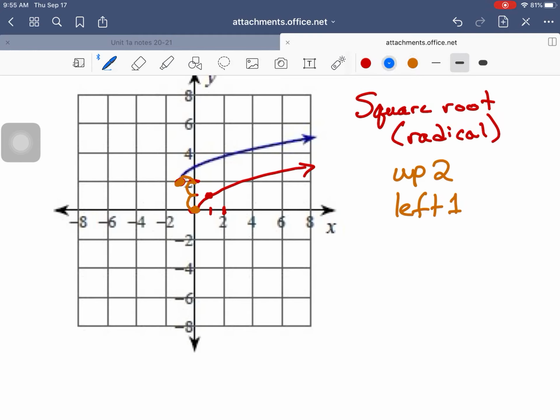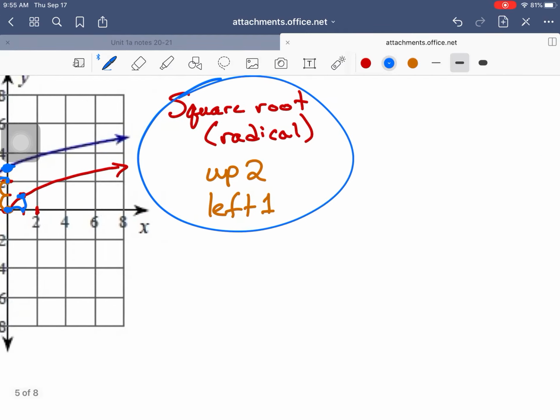We look from our starting point to our other key coordinate: you go right 1, up 1. So let's look. If we go right 1 on our actual graph here, and we go up 1, there's a point there also. So there is no dilation here either. So this is just what we need.